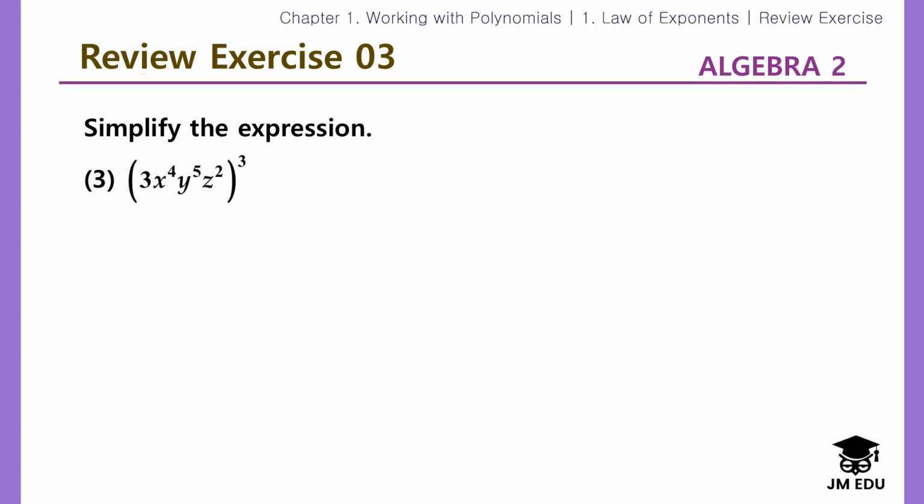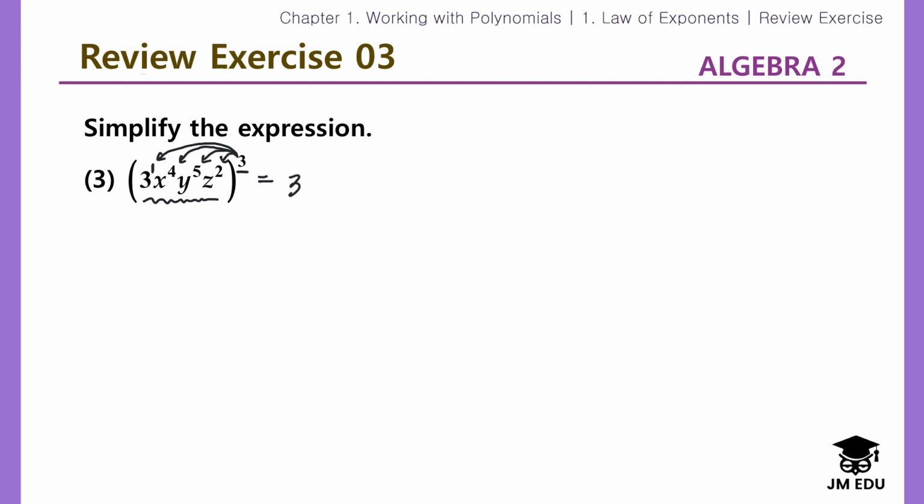Number 3, so we have 3x to the 4, y to the 5, z squared, all of this expression to the power of 3. So we're going to distribute 3 to the power of 1 here, 3 to the power of 4, 3, 5, 3, 2.